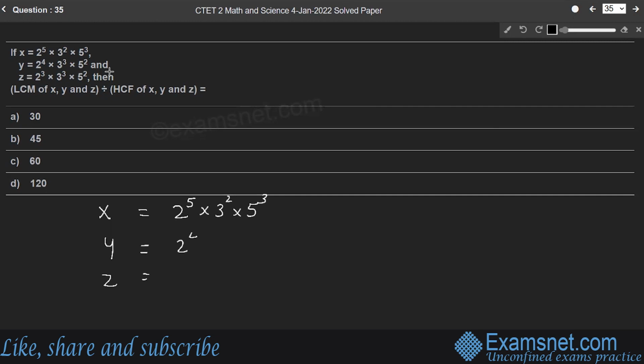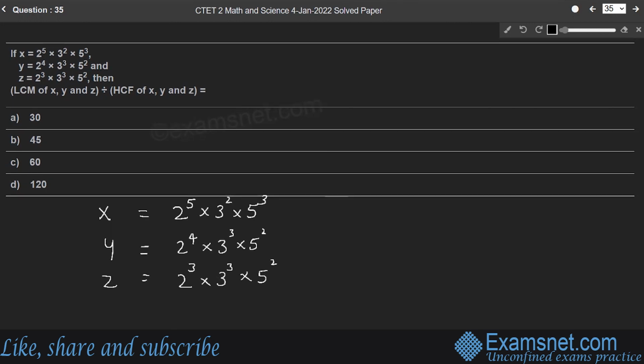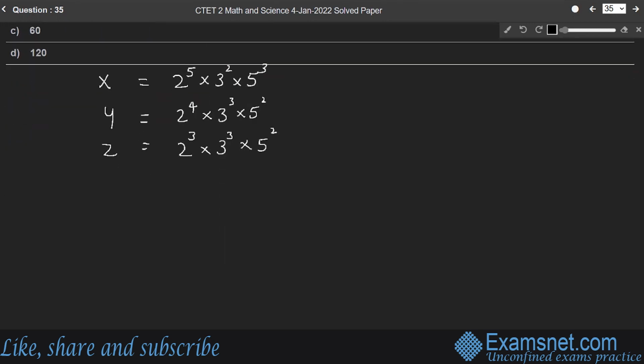Y is 2 raised to 4 into 3 cube into 5 square. Z is 2 cube into 3 cube into 5 square. Then LCM of x, y, and z is equal to.